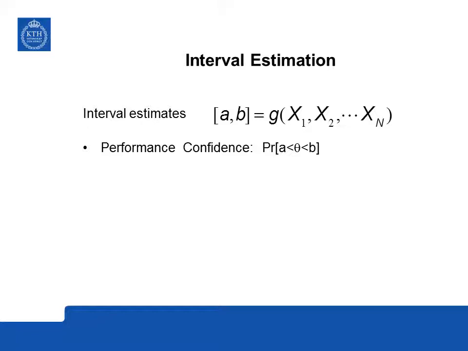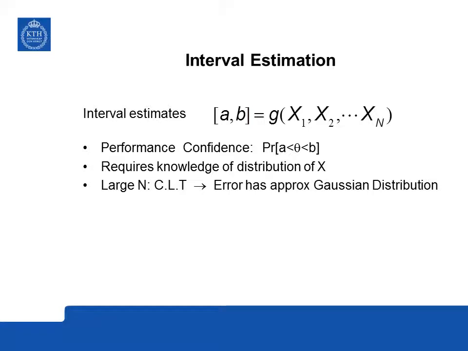This type of estimate requires knowledge of the distribution of x. For the point estimate, we got away with only knowing the average and estimating the mean square error. But here we actually need to know the distribution of x. For many estimators where we have a large set of observations, we can use the central limit theorem, and the error in these estimations will have approximately a Gaussian distribution.